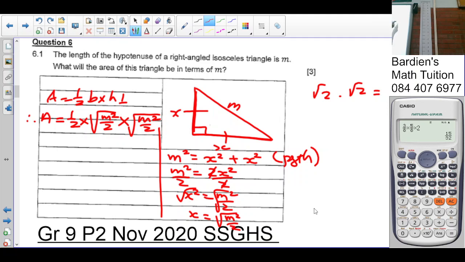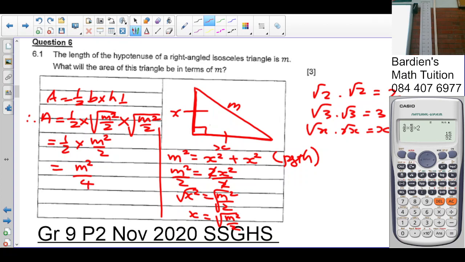Square root of 4, which is 2. What's the square root of 3 times the square root of 3? 3. What's the square root of x times the square root of x? X. So what's the square root of m squared over 2 times the square root of m squared over 2? It will be m squared over 2, which is the same as m squared over.